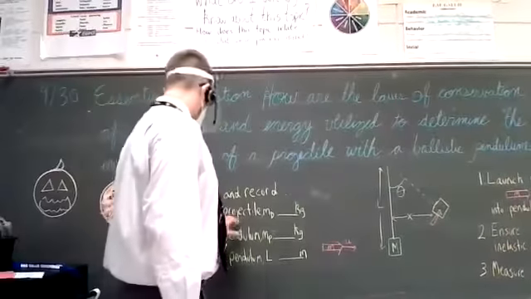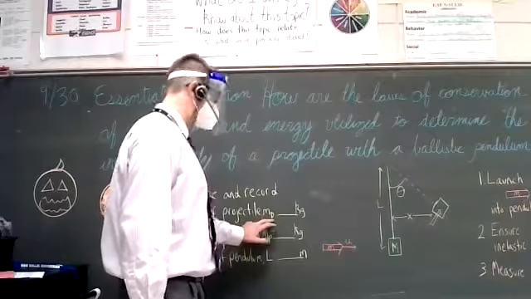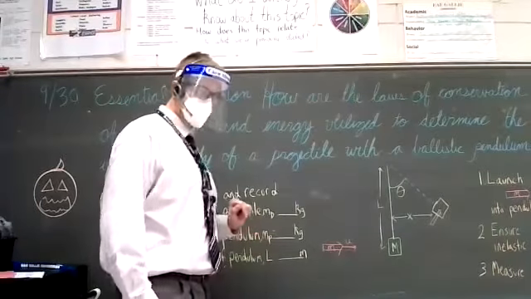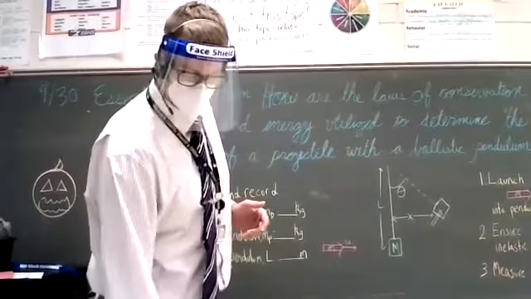So let's measure and record the mass of our projectile, and it's a dart, so the mass of the dart, the mass of the pendulum, m sub p, and the length of the pendulum, and we need to set up some apparatus and take some measurements here.